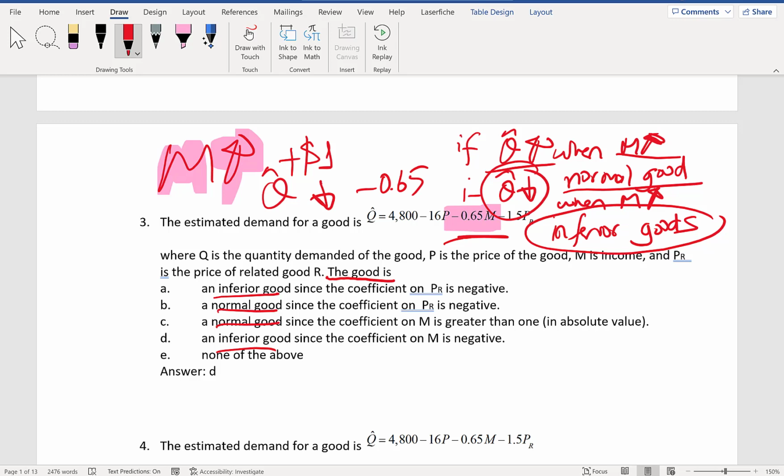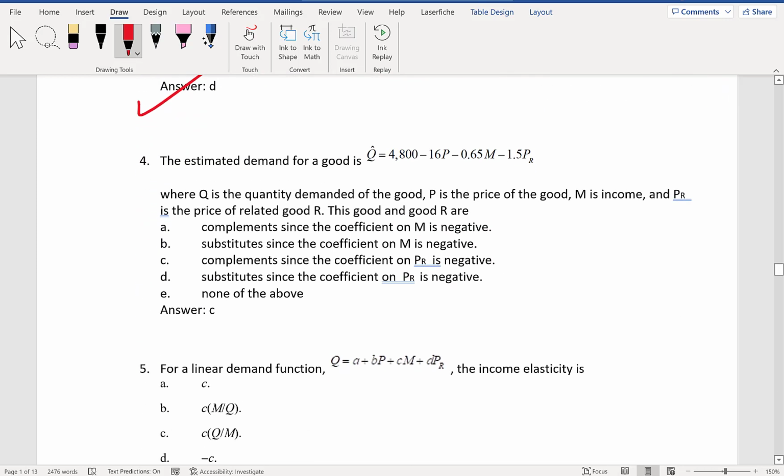So this is an example of an inferior good. Why? The coefficient on PR is negative? No, PR is a related good. Inferior or normal depends on how people react to a change in their income. It's an inferior good since the coefficient on M is negative. Correct answer is D. Let's move on to question 4.